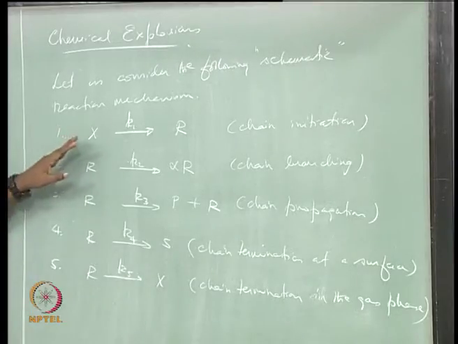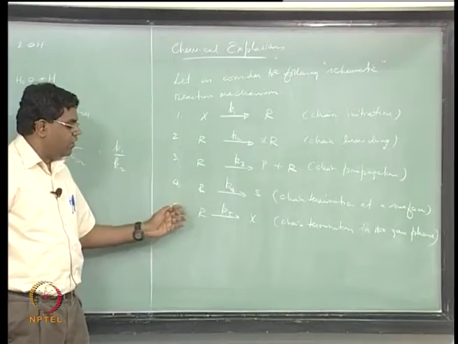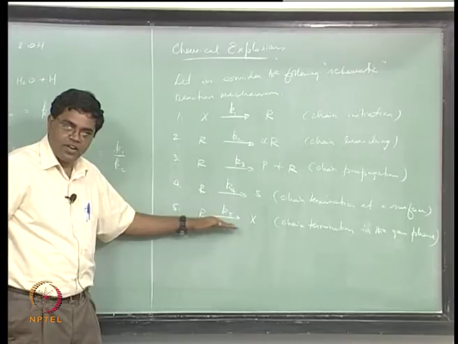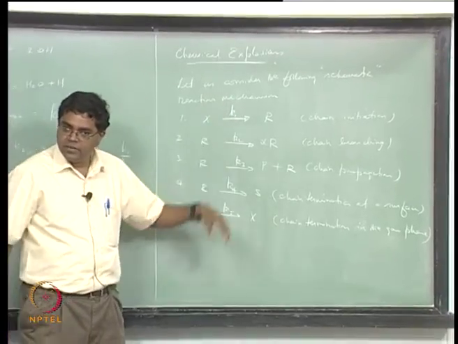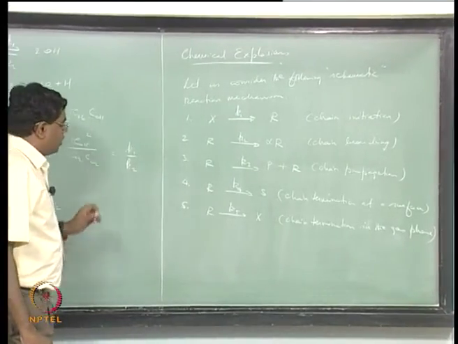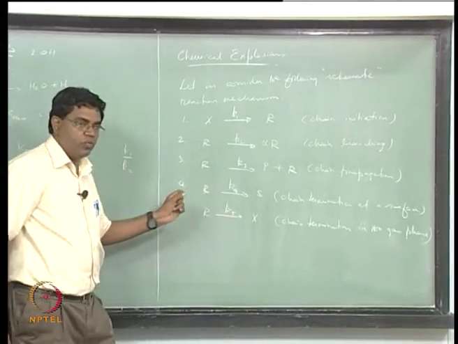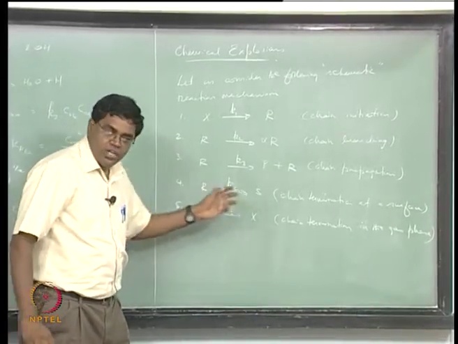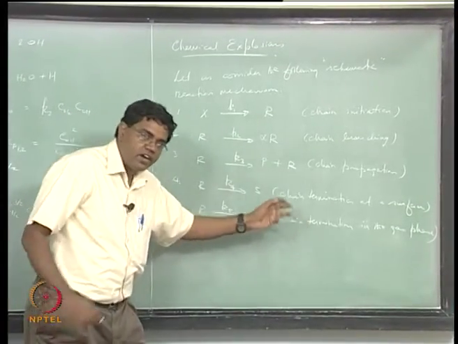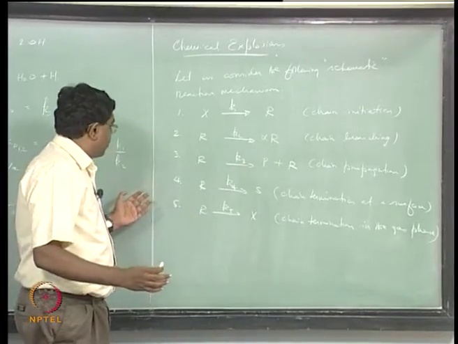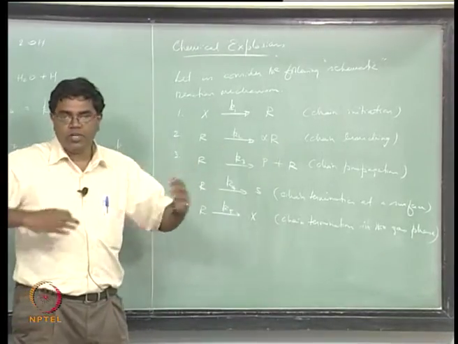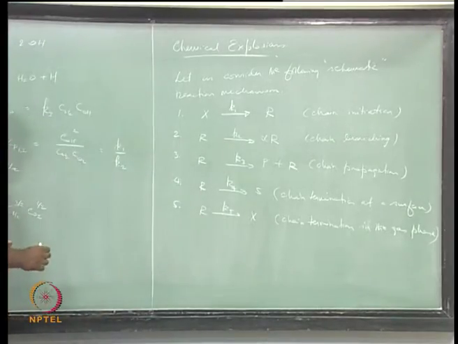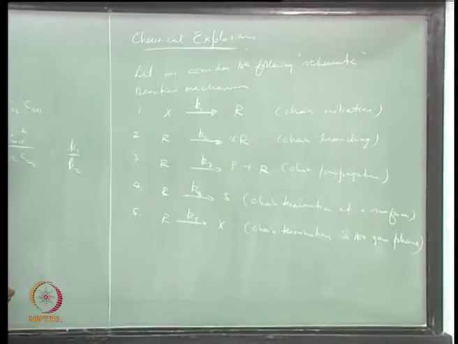So you could have started with any X giving rise to intermediates, and R could go back to any X. So in that sense, this is not strictly a reverse of that, because this X could be anything. But we are making a distinction on the way the intermediates are getting terminated, either at the surface or in the gas phase, by colliding with other molecules around and disappearing, becoming some stable species.